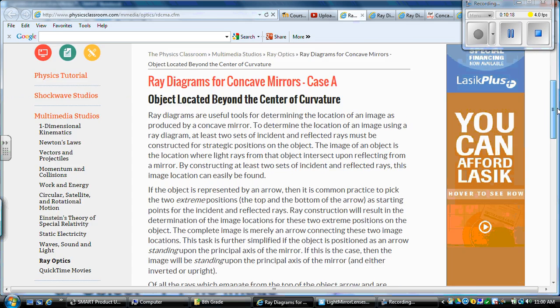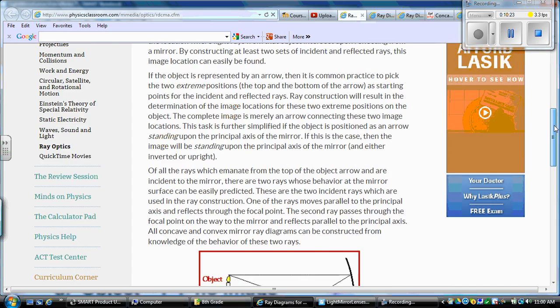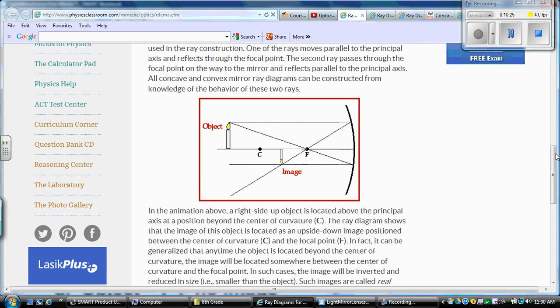And that C stands for center of curvature, so that's past 2 focal lengths. All right, so this picture is going to show you incoming ray parallel goes through the focal point. When it does that, remember that's the tip of the light, that's why it's inverted. And then the image that's always formed, you always draw it going from where the reflecting rays intersect, right here, to the optical axis.